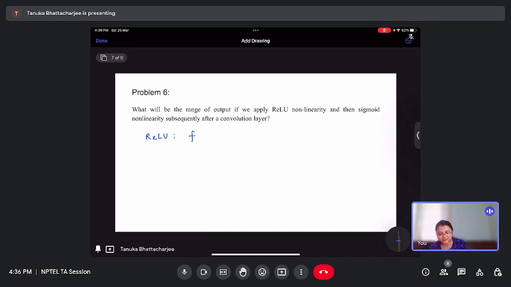For ReLU we know that the output is basically max of 0 comma x, the max of 0 and the input independent variable. If we plot it, this side is x and this side is f(x). ReLU remains at 0 on the negative side of x, and on the positive side it is just a straight line with slope of 1 at a 45-degree angle.